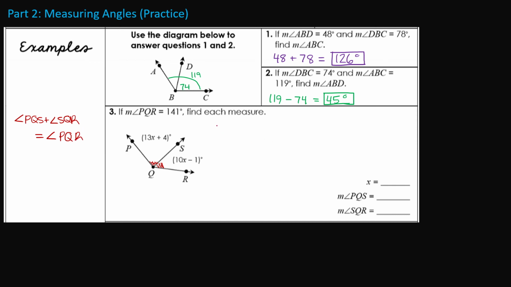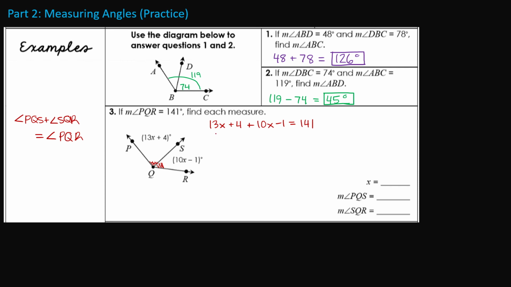Now we can go in and write our equation. 13x plus 4 is the expression used for angle PQS. Let's write that. 13x plus 4 plus angle SQR, which is 10x minus 1. And that's equal to angle PQR, which is 141.